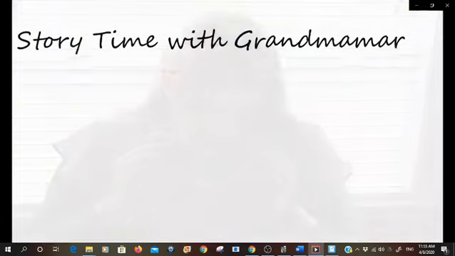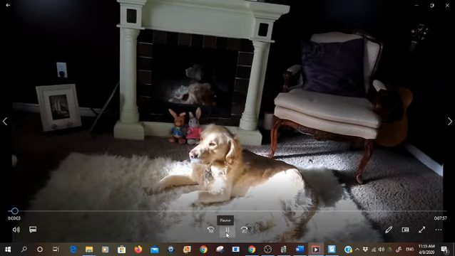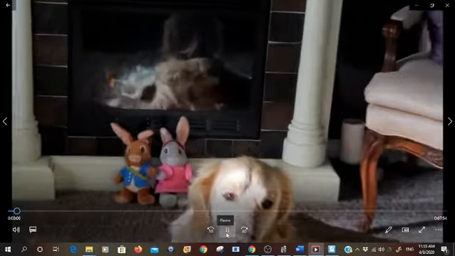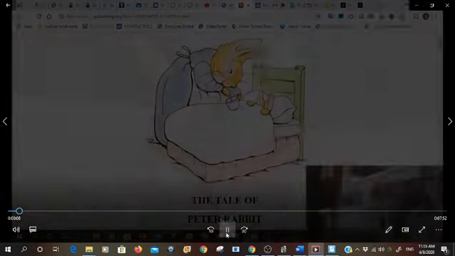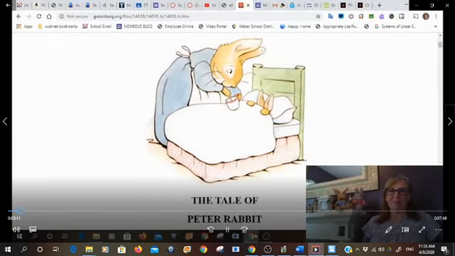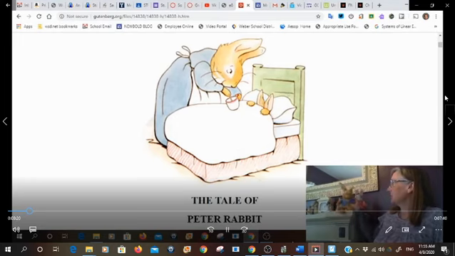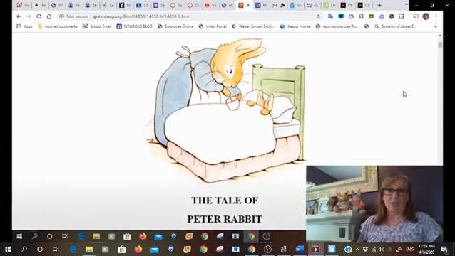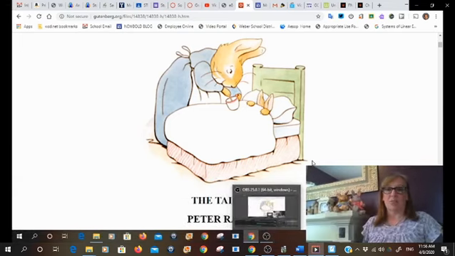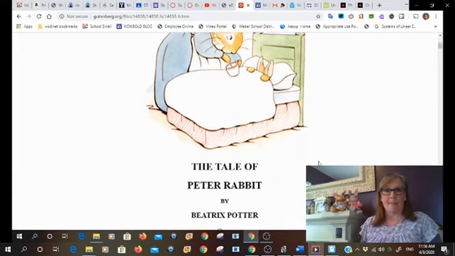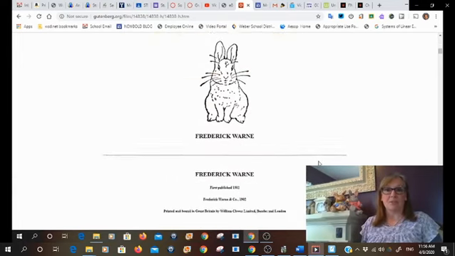It's my dog Max in the fireplace. Who's that? Hello everyone, this is story time with Grandmama. Gather round children. Here I want to introduce you to two people. This is Peter Rabbit and his friend Lily. And today I'm going to tell you the story, the tale of Peter Rabbit by Beatrix Potter.